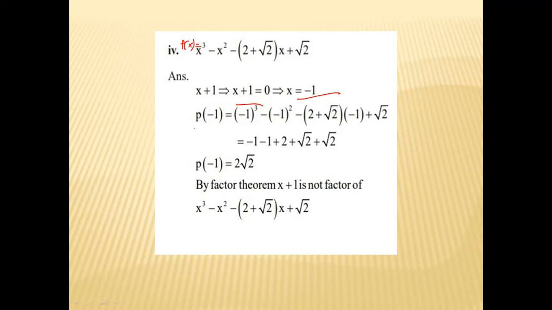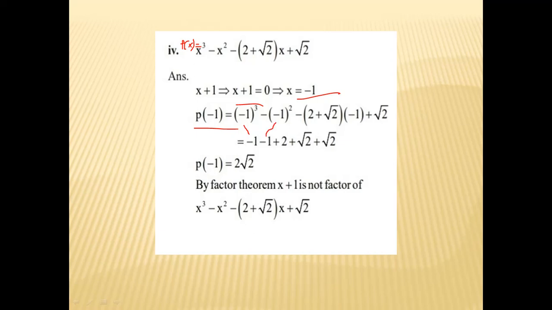minus 1 whole cube minus minus 1 whole square minus 2 plus root 2 into x means minus 1, plus root 2, write it as it is. Minus 1 whole cube is minus 1, minus 1 whole square is plus 1 into minus 1 is minus 1.